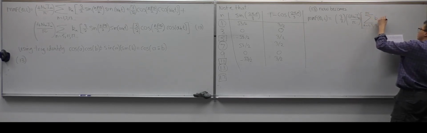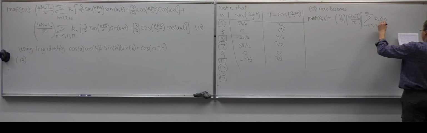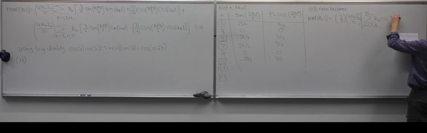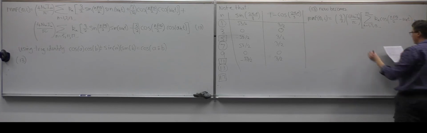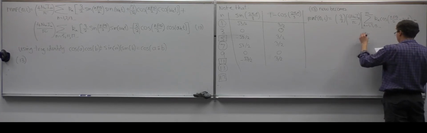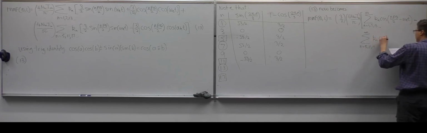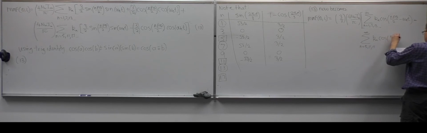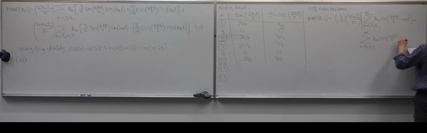Kn cosine np theta over 2 minus omega et, minus, and then summation 5, 11, 17, Kn cosine np theta over 2 plus omega et, like that.